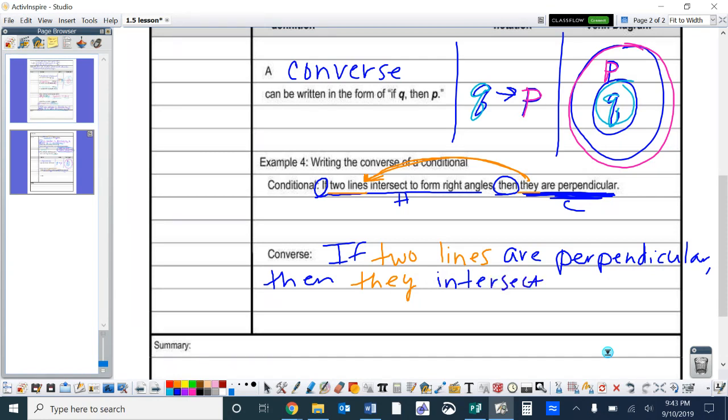So not only do the hypothesis and the conclusion switch, but if you have any its and they's, you've got to switch those as well.